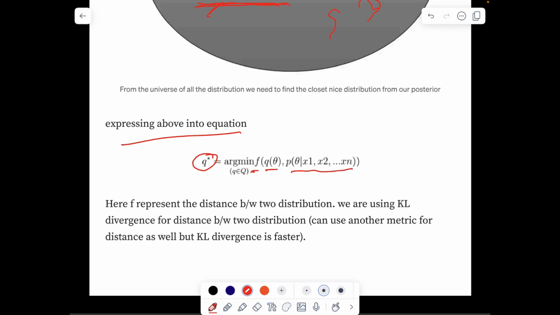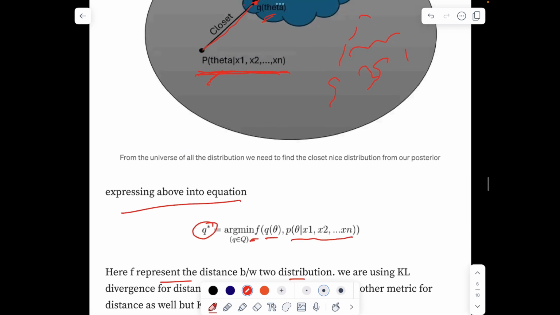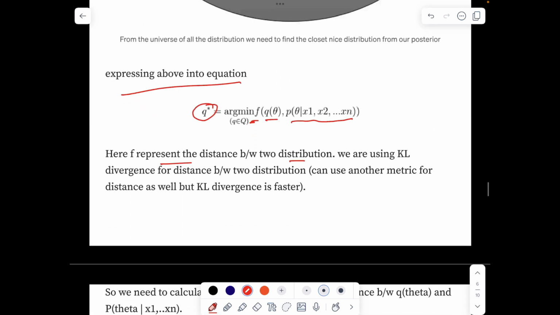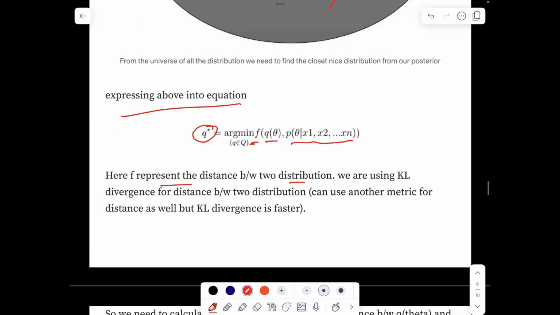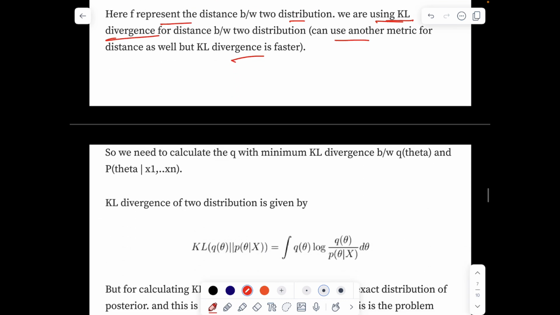We will talk about what that distance means. Here f represents the distance between two distributions, like this distribution and this distribution. Distance means how close your distributions are. In this case we are using the KL divergence as a metric to calculate the distance between two distributions. We can use another metric also, but KL divergence is faster.